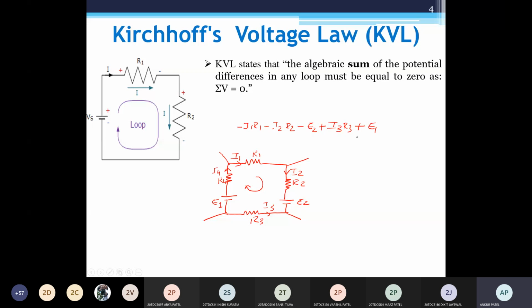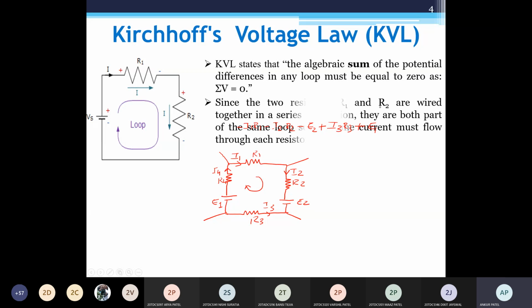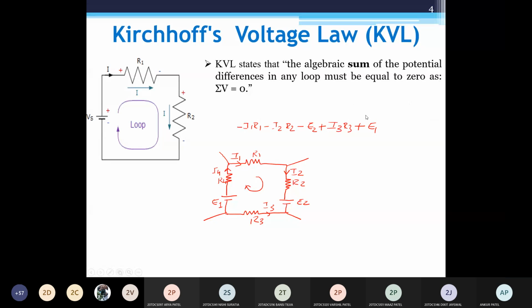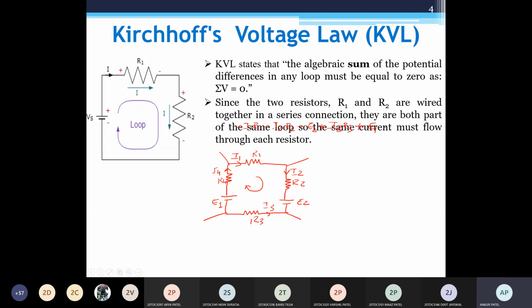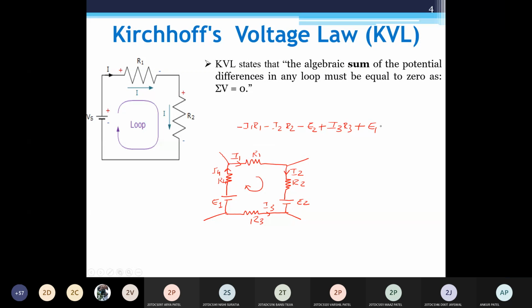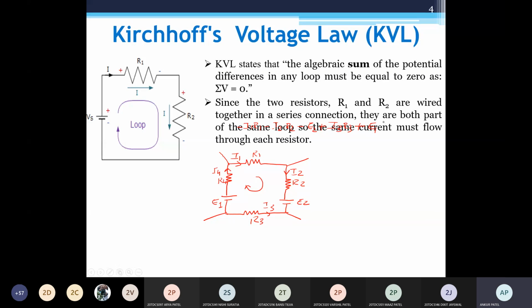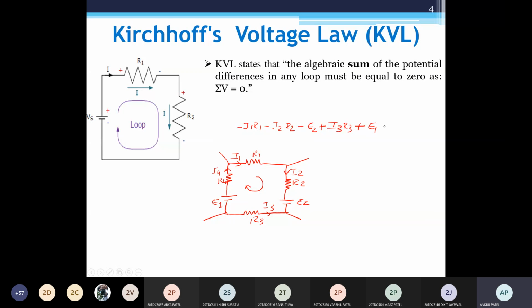So I am just writing here minus I4 R4. I lost my pointer here.